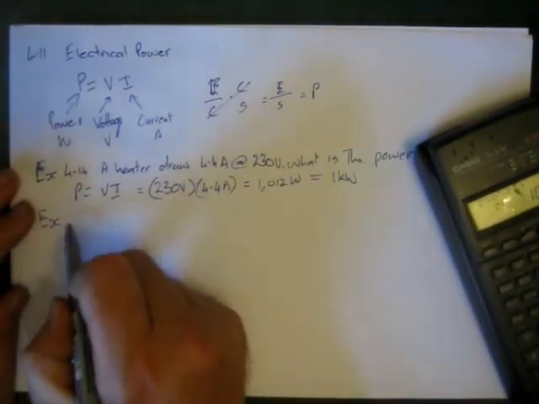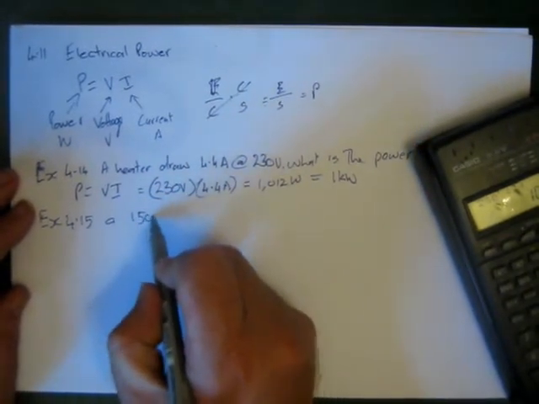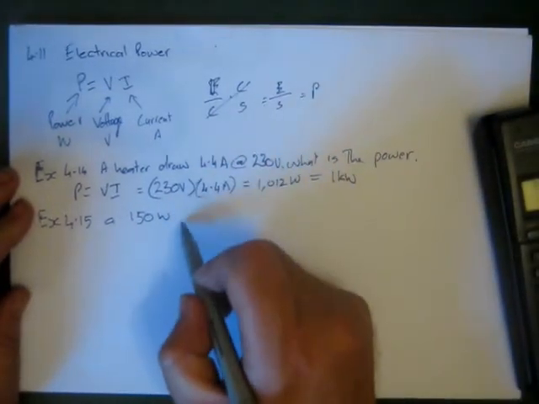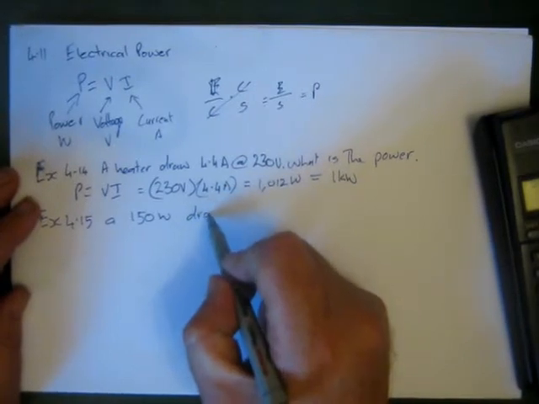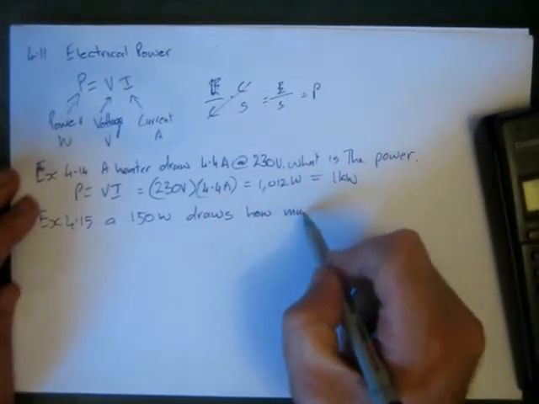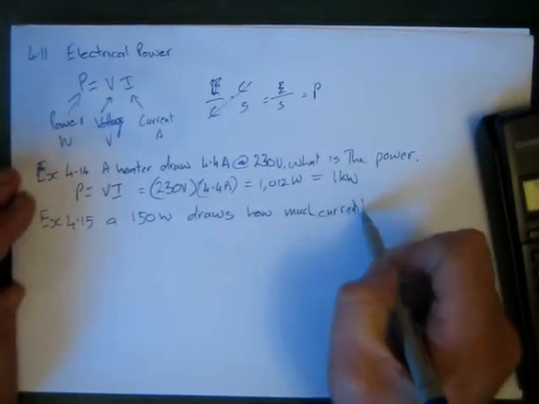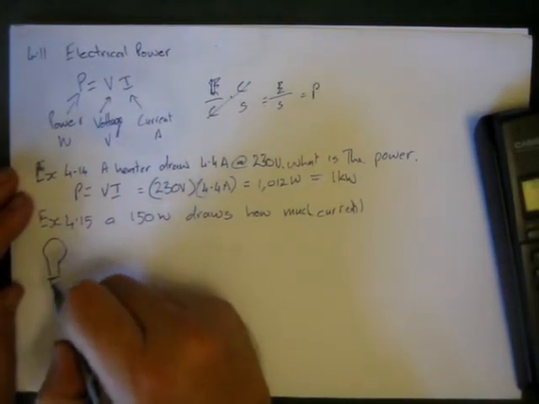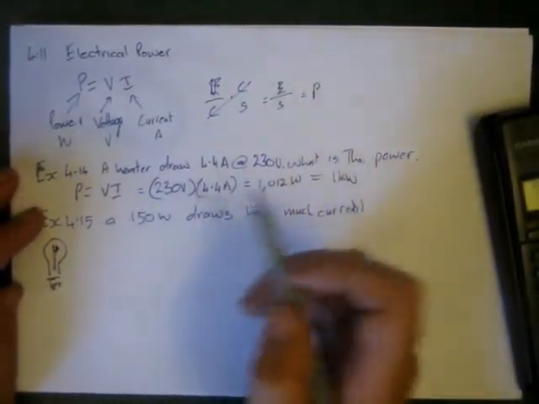Exercise 4.15. A 150 watt light bulb. This is one of the old incandescent light bulbs that we're trying to get rid of. Draws how much current? Let's just draw a picture because we can. So we've got a light bulb, bayonet mount. Okay, so what do we know?